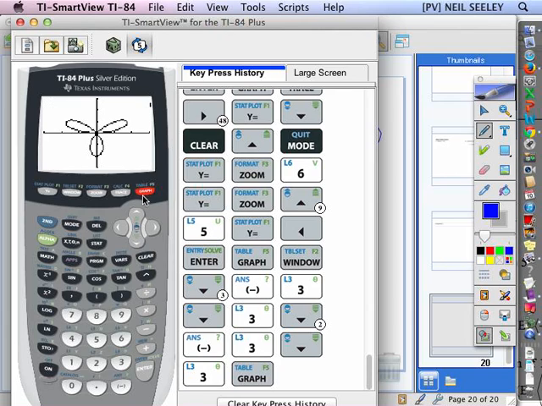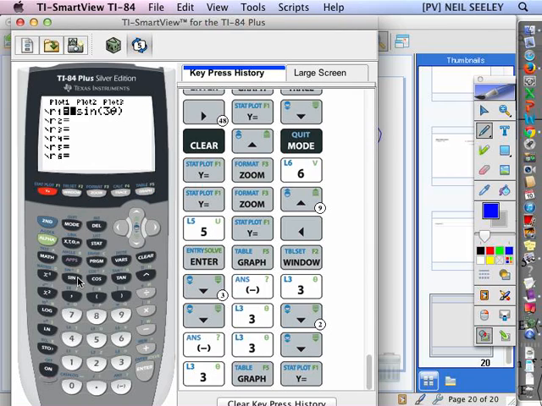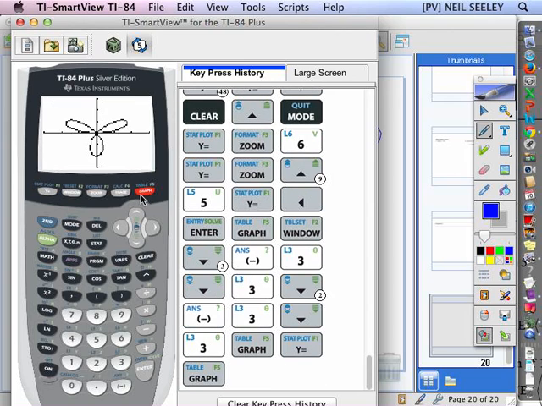That'll be big enough, and there's my pretty rose. So 2 sine of 3 theta. And I changed my window to go from -3 to 3 in all directions because I knew my radius was 2. That being said, I want to trace. I need a counter. Who's a really good counter?